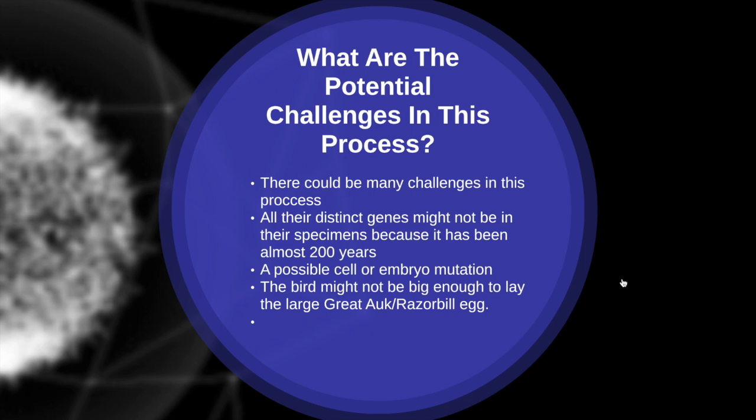There could also be a possible cell or embryo mutation of the razorbill. And also, the bird might not be large enough to lay the large great auk and razorbill egg. So those are the potential challenges in this process.